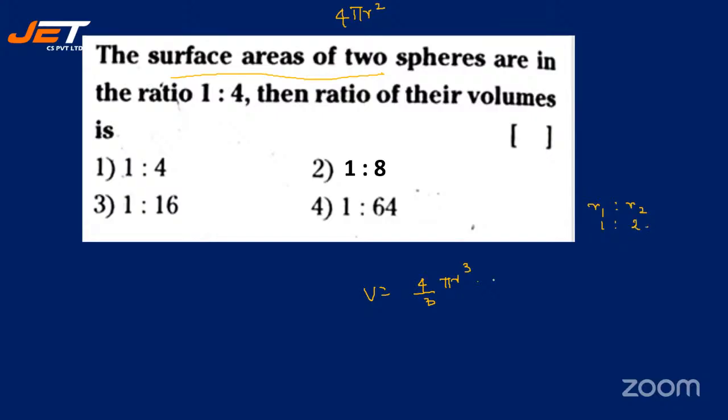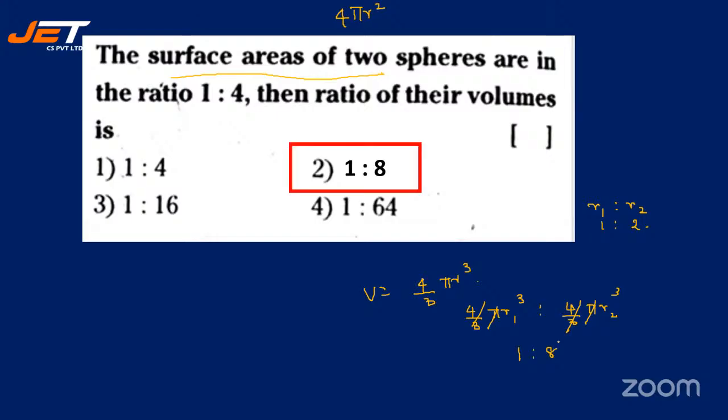Now they wanted the ratio of their volumes. So the ratio of the volume is 4 by 3 pi r1 cube is to 4 by 3 pi r2 cube. So here you can write it as r1 is 1, the whole cube is 1. r2 is 2, 2 the whole cube is 8. Let's check with the answer. Yes, it is. I hope you can understand the question.